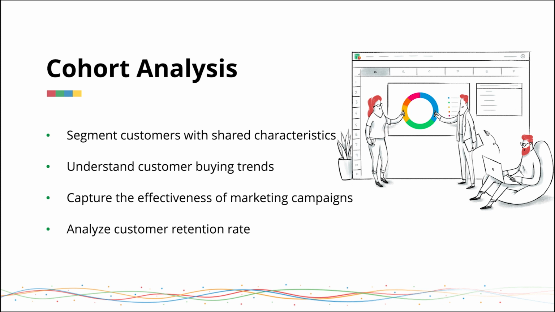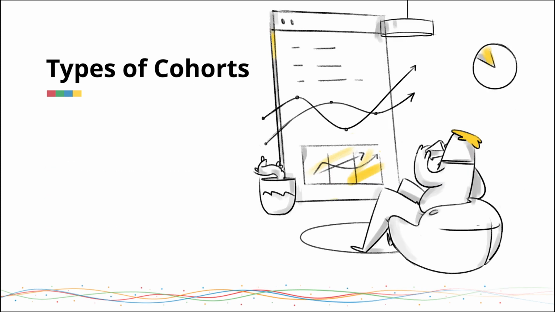Before we go ahead and configure cohort analysis, let us look at the types of cohorts in detail. So we have basic, standard, and advanced. We're going to start with basic. Basic or time-based cohort helps in understanding your customer buying trends by analyzing their purchase patterns on a weekly, monthly, or yearly basis.